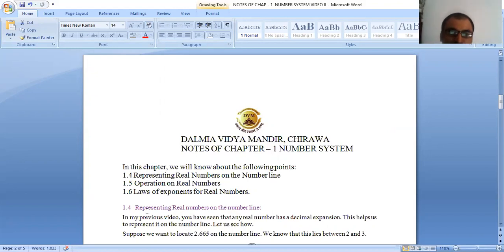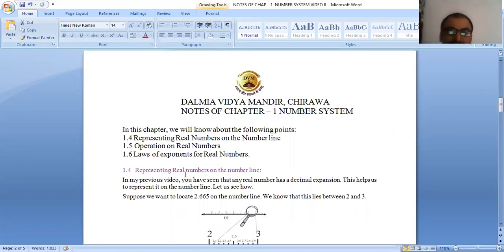Okay, now representing real numbers on the number line. In my previous video, you have seen that any real number has a decimal expansion.